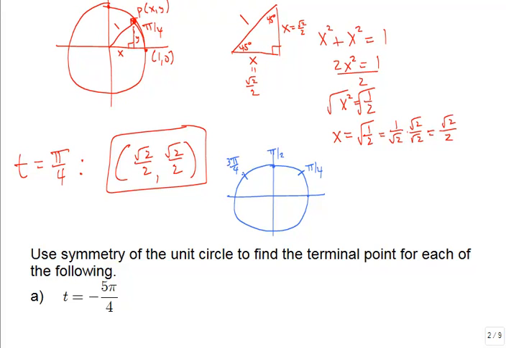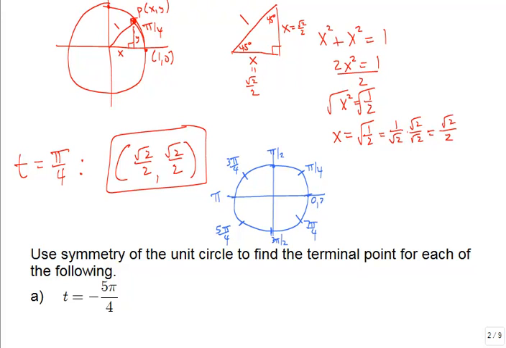If I add another pi over 4, that would make me have 4 pi over 4, which is equivalent to pi. If I add another pi over 4, that would get me to 5 pi over 4. If I add another pi over 4, that gets me to 6 pi over 4, which reduces to 3 pi over 2. And if I add another pi over 4, that gets me to 7 pi over 4. And if I add one more pi over 4, that gets me back to 8 pi over 4, which is 2 pi.